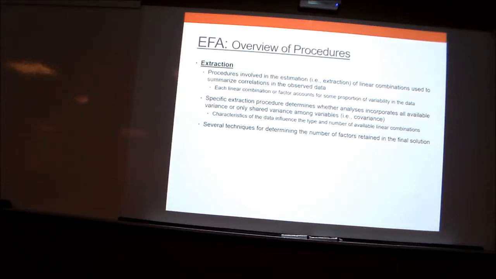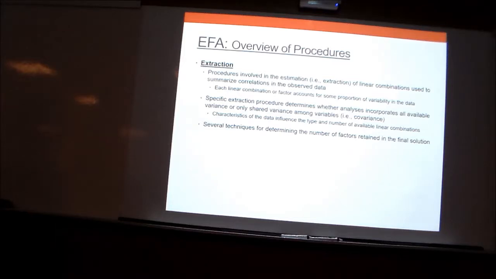Within these extraction procedures, each linear combination or factor is going to account for some unique proportion of variability in the data. The extraction procedure we use is going to depend on whether we're interested in parceling out all available variability in the data, or only shared variability among our items. This is going to start to become important from a theoretical standpoint.